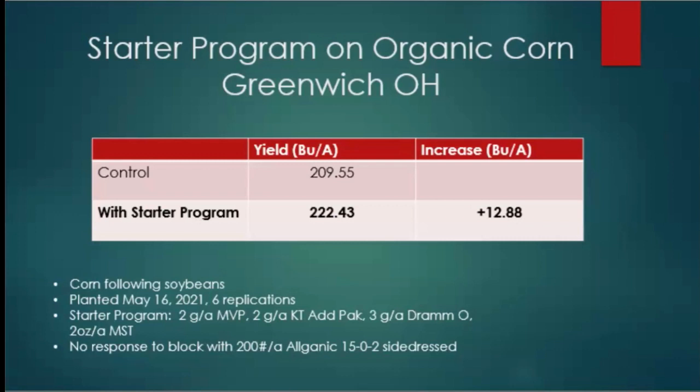And then he also tried another product, 200 pounds of that, and I guess there was no response to that. This is at a fairly low population, 25,000. The ears are filled to the tip.